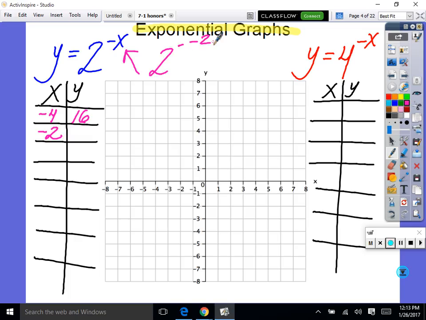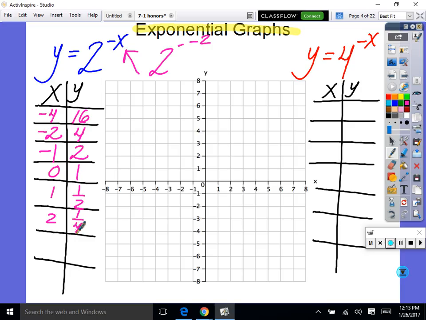Won't that be 2 squared, which is 4? -1. That'll be 2. Correct, everybody. 0, we get 1. Let's plug in 1. That's 1/2. Plug in 2, 1/4.